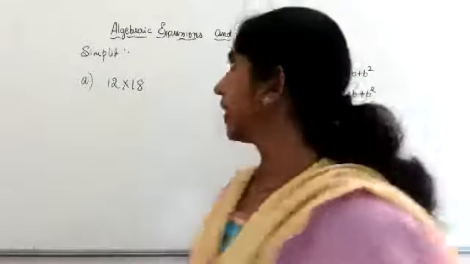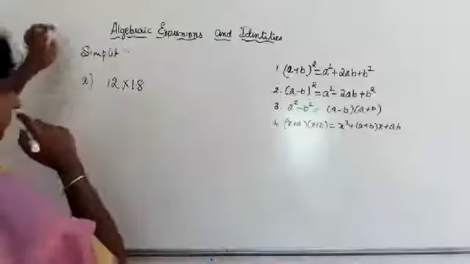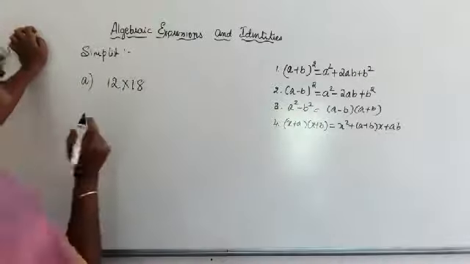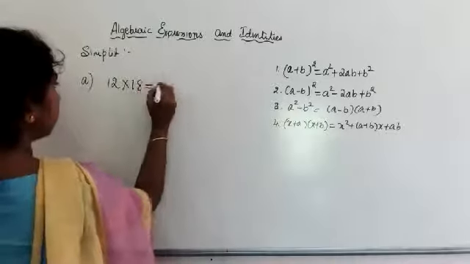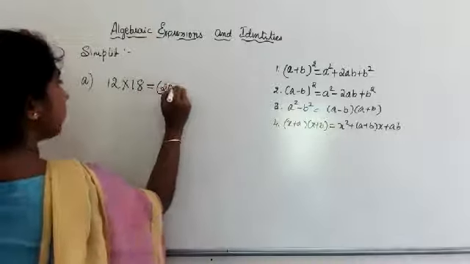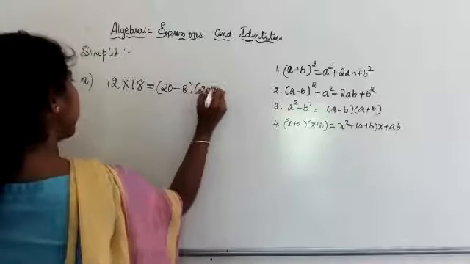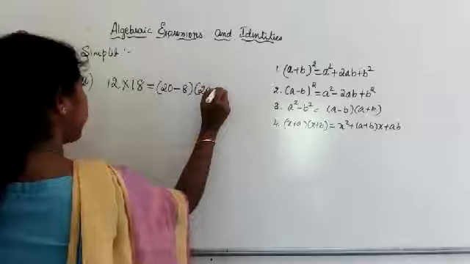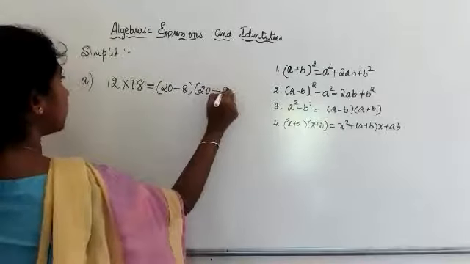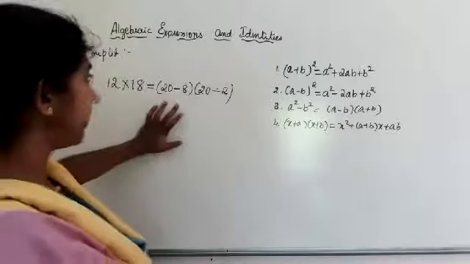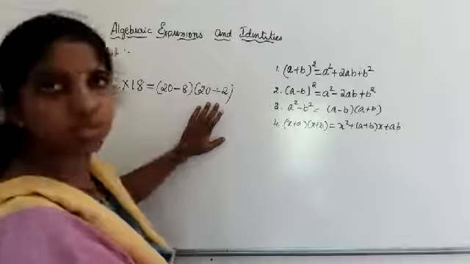So what we can do here, 12 into 18 can be written as 20 minus 8 and 20 minus 2.